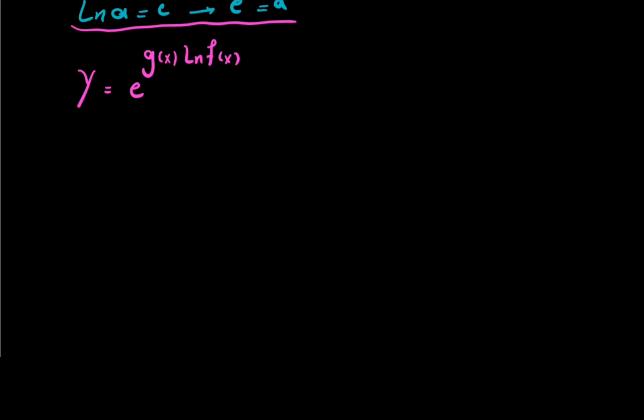Before that, you have to know some really nice points about derivatives. If t equals u times v, where t, u, and v are functions of x, then t prime will be equal to u prime times v plus v prime times u.